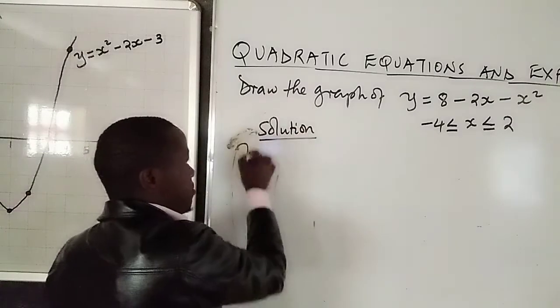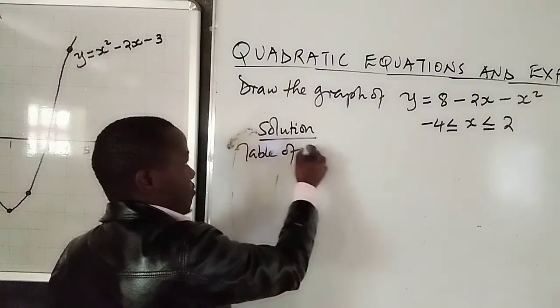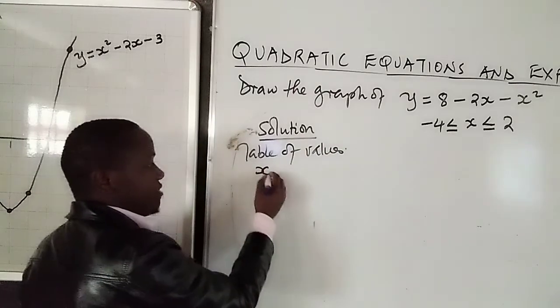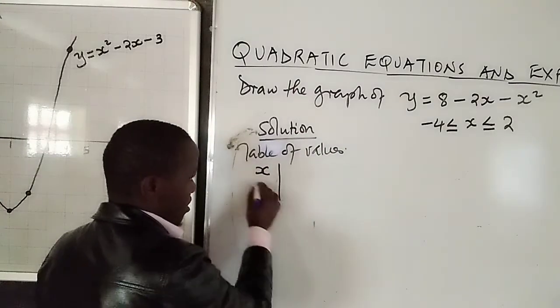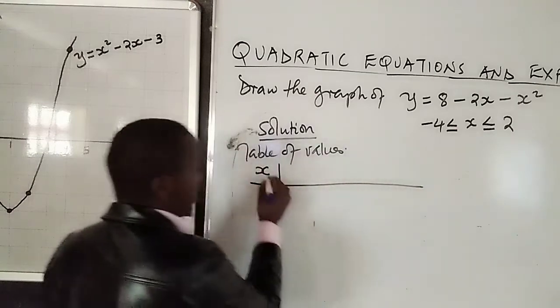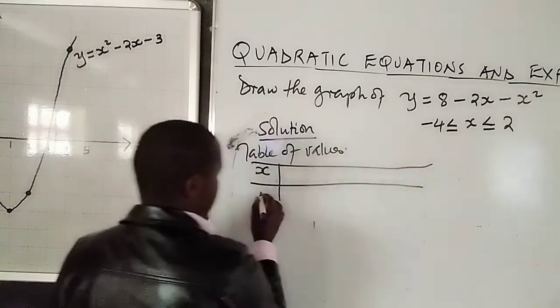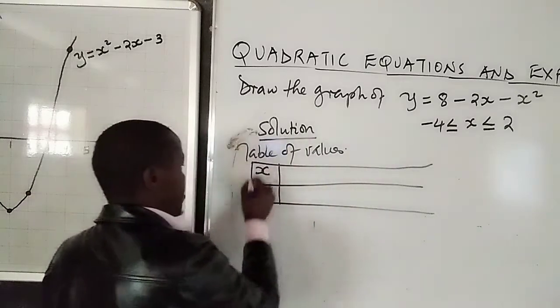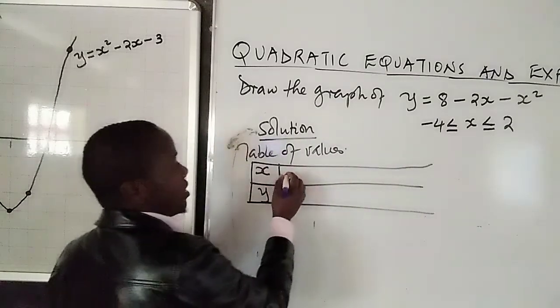We start with the table of values. The table of values, wherever we shall have values of x, then we determine the corresponding value of y.